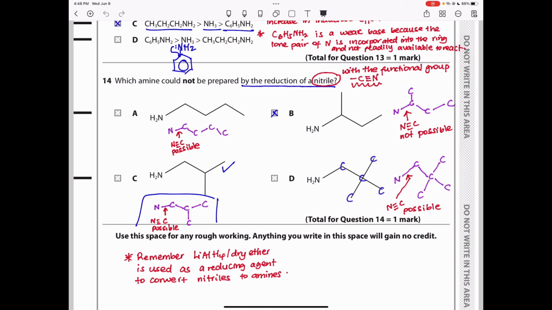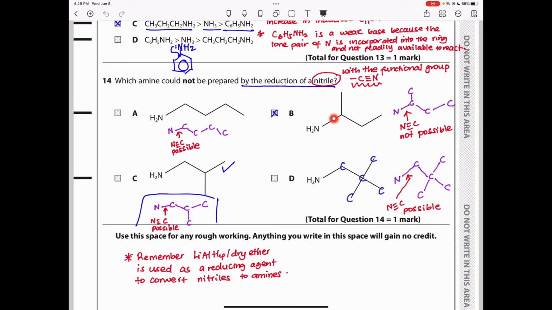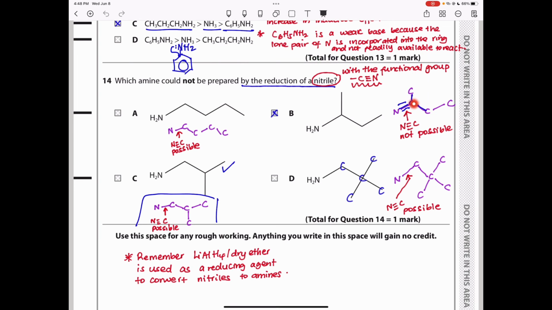Now let's go to C. For C, we have to look at the structure the way it is. We are looking at producing this by a reduction of this. Keep in mind, the carbon here already has that bond, and that bond. It means if this was a nitrile, this carbon here would have had 5 bonds, which is not possible.